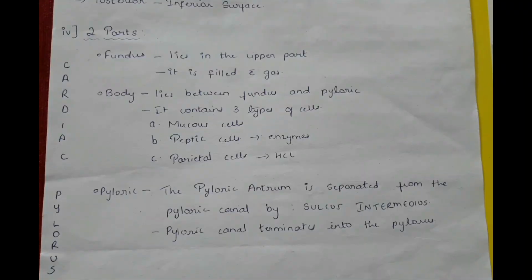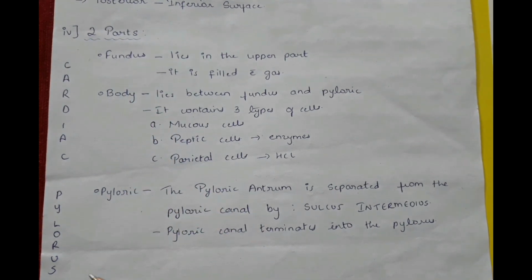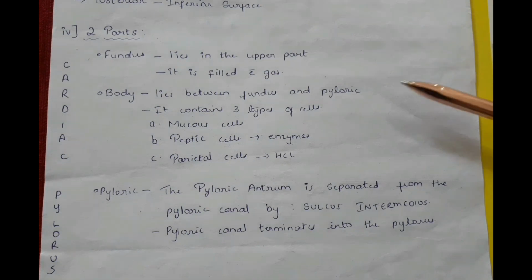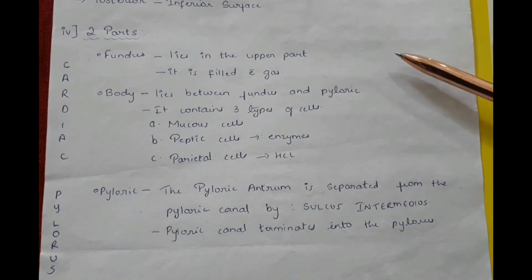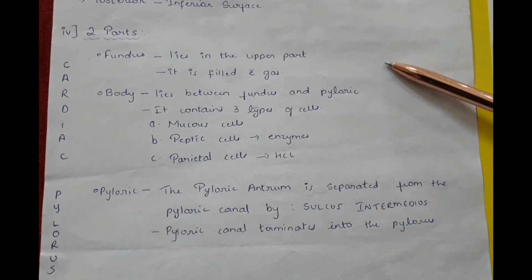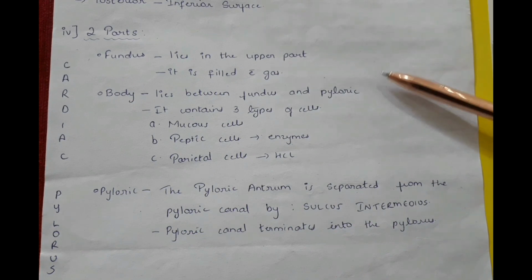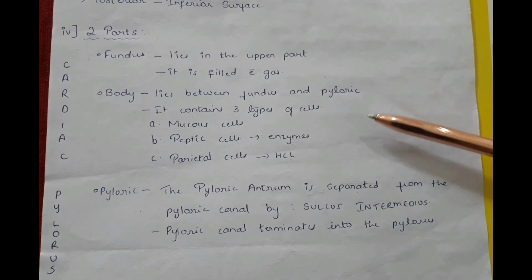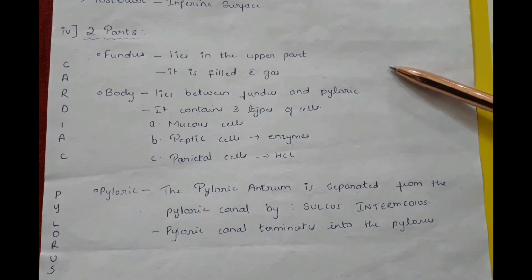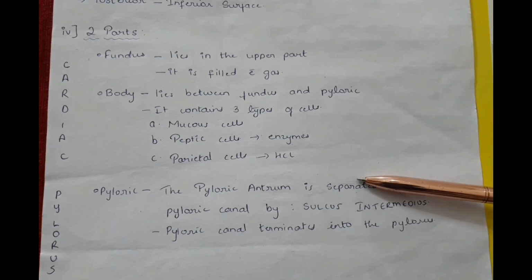Now let's see the two parts of the stomach. So the stomach has the cardiac part and the pyloric part. So first let's see the fundus. The fundus lies in the upper part. It is filled with gas. The body lies between the fundus and the pyloric region.